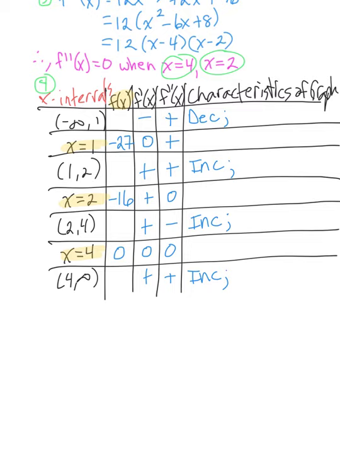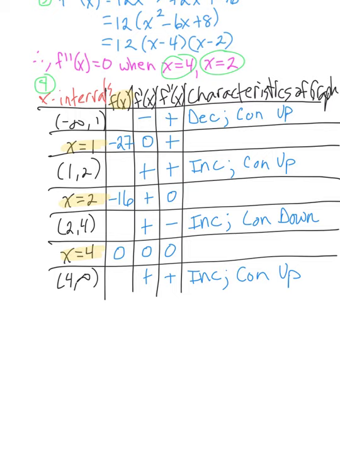And then I'm going to use the second derivative to determine whether it's concave up or down. So this one is concave up because it's positive. This one is concave up because it's positive. This one is concave down because it is negative. And this is concave up because it's positive.